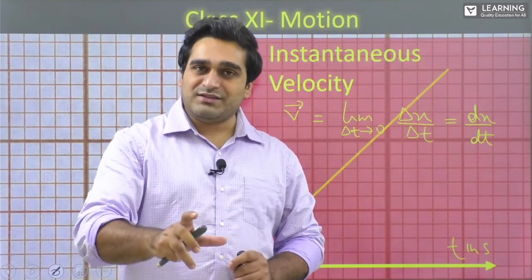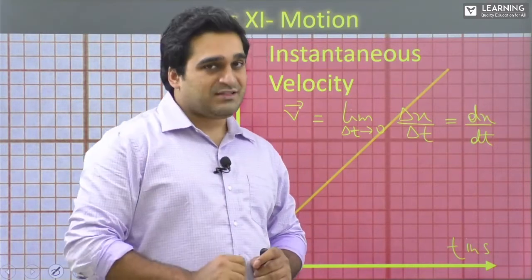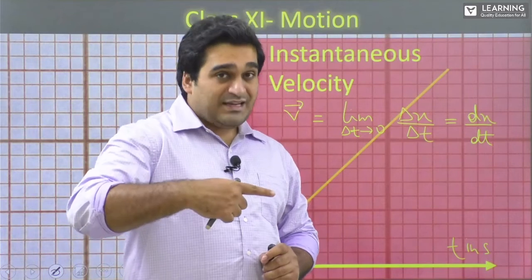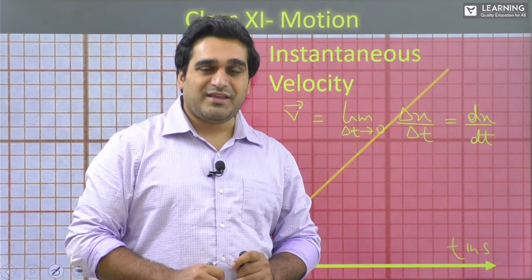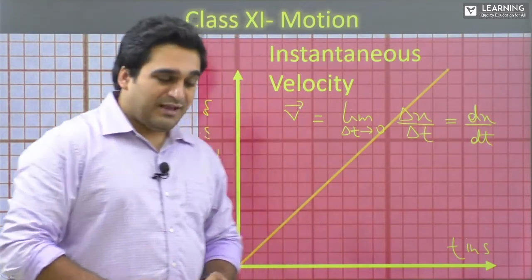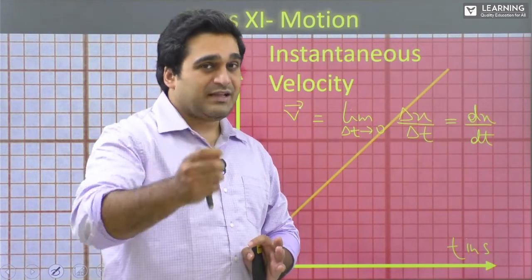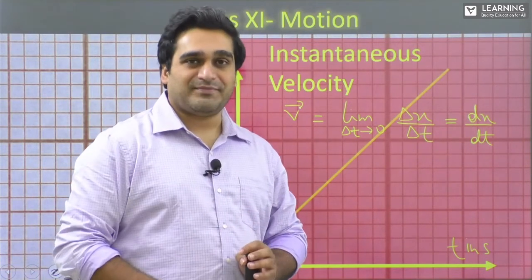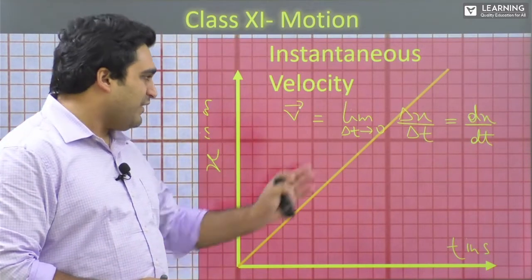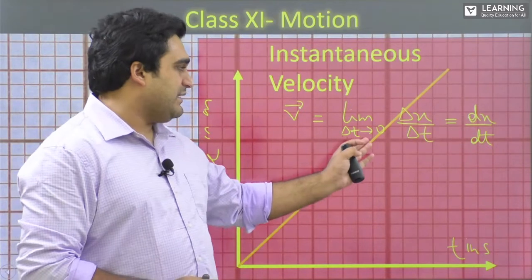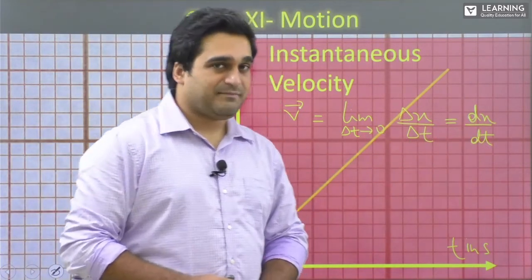And what you notice is that as you press on the accelerator pedal, the needle immediately increases. This shows you that the velocity it displays is for that particular instant of time only. So this is how an instantaneous velocity is defined by a limit where delta t tends to 0, delta x by delta t.